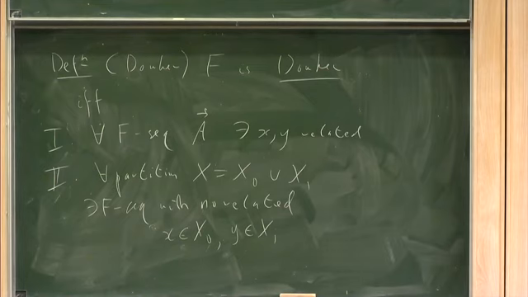So in 1984, Mary Ellen Rudin constructed in ZFC a kind of related structure. What Rudin constructed was a set with a family of filters. Each point in the set gets its own filter.